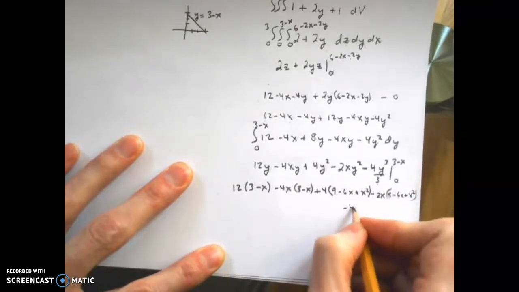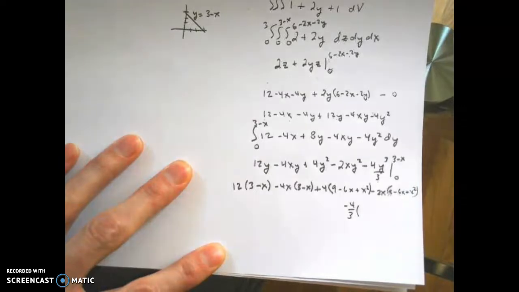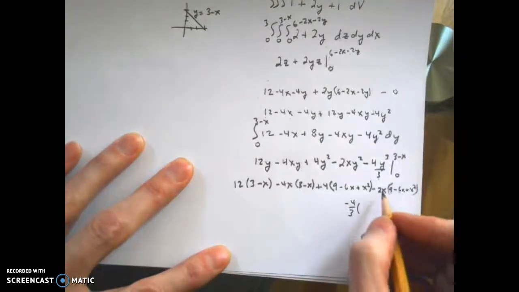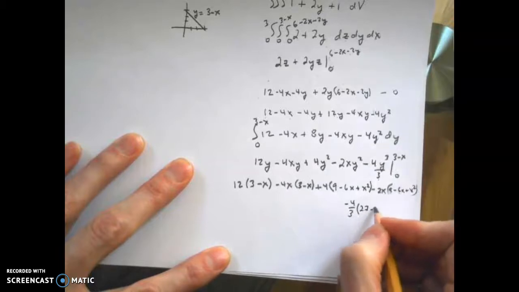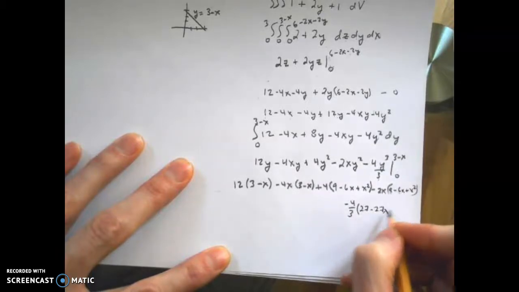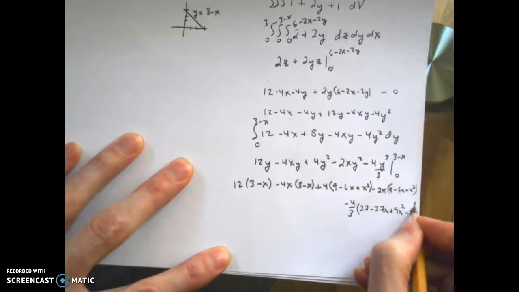And then we've got minus 4/3 times this thing cubed, and we need 3 minus x cubed, which is 27 minus 27x plus 9x squared minus x cubed.